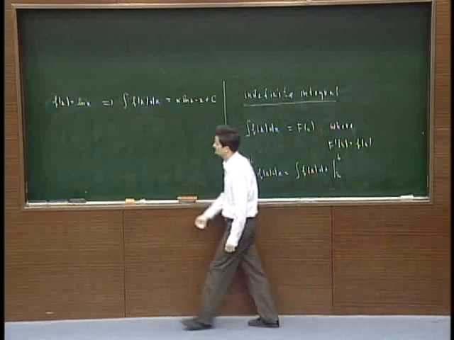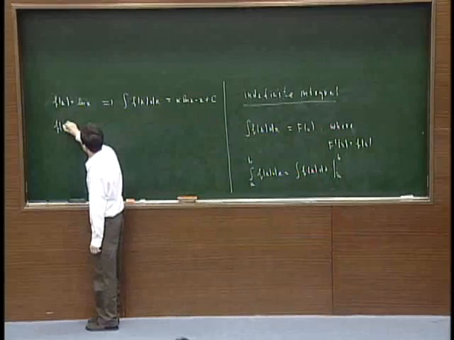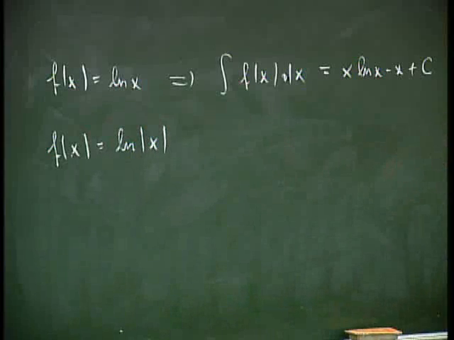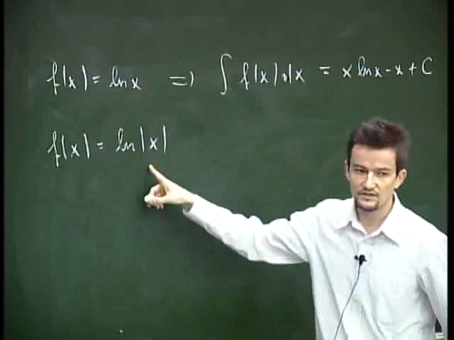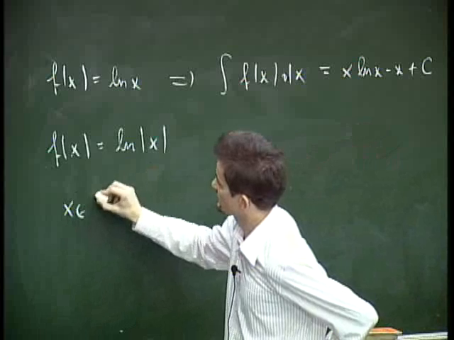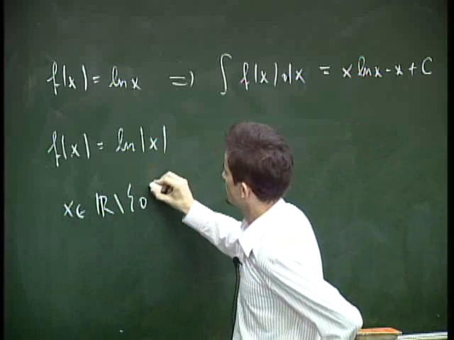But the situation is a little bit different if f of x is equal to ln of the absolute value of x, because now the domain is all x which are not equal to 0.